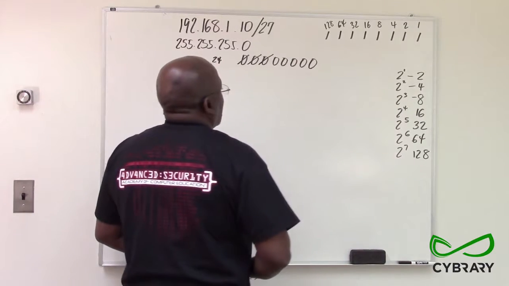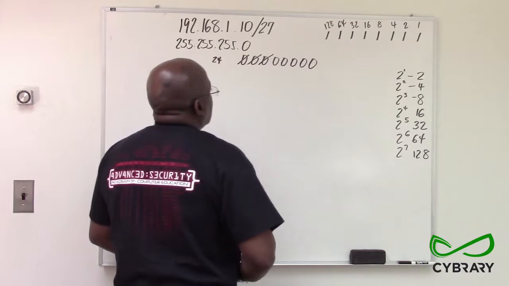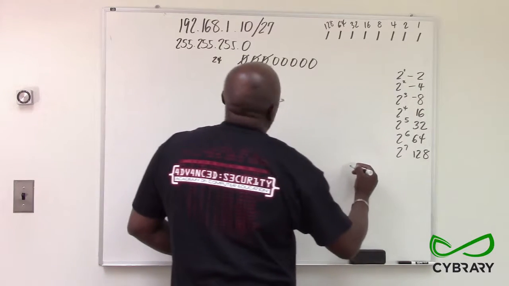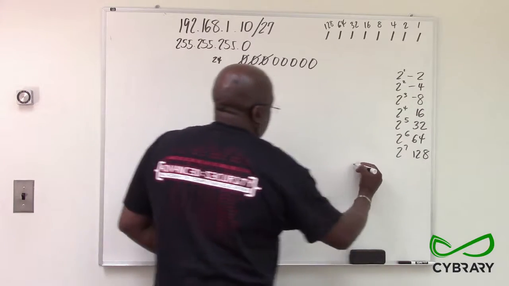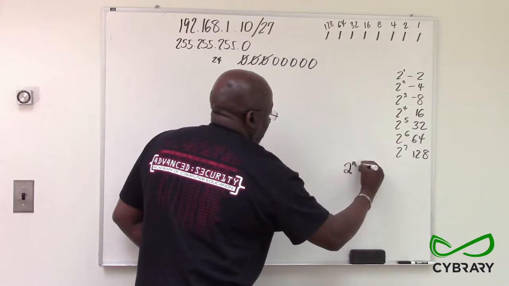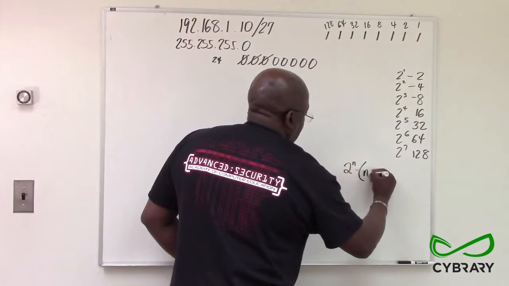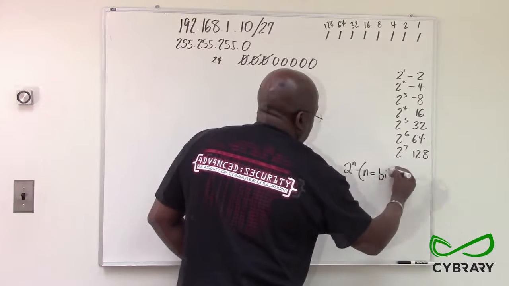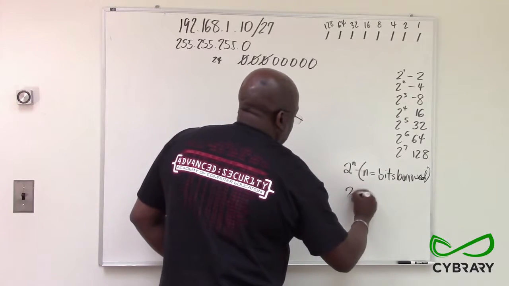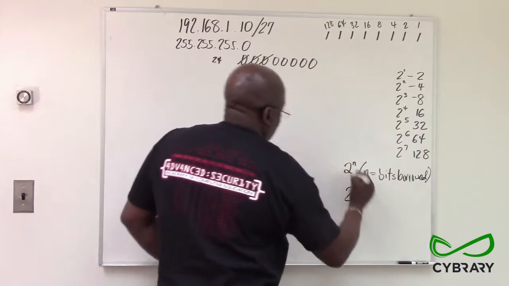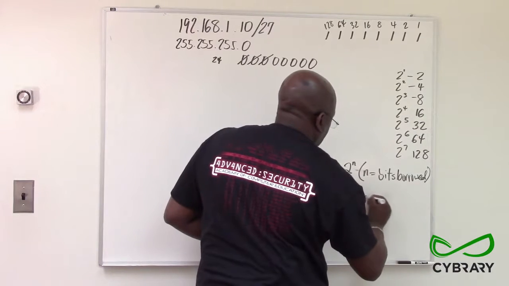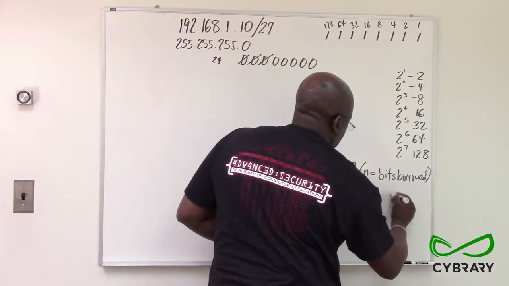Then we can calculate the number of subnets using this formula: 2 to the n, where n is the number of bits borrowed. So this gives us 2 to the 3, which will give us 8 subnets.